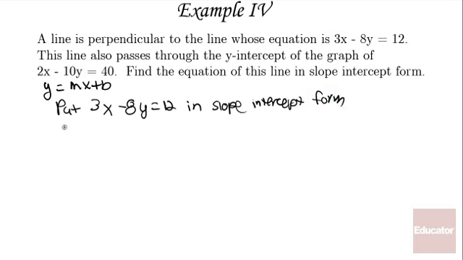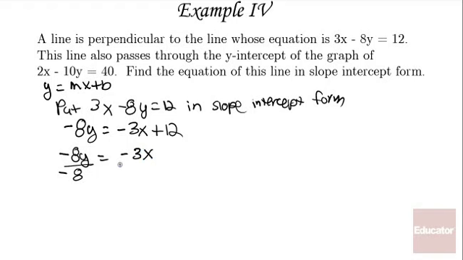So in order to do that, I'm first going to move the 3x to the other side by subtracting both sides by 3x. So negative 8y is going to equal negative 3x plus 12. Then I'm going to divide both sides by negative 8. That's going to give me negative 8y over negative 8 equals negative 3x divided by negative 8 plus 12 divided by negative 8.